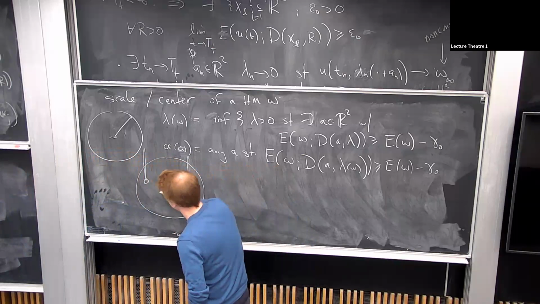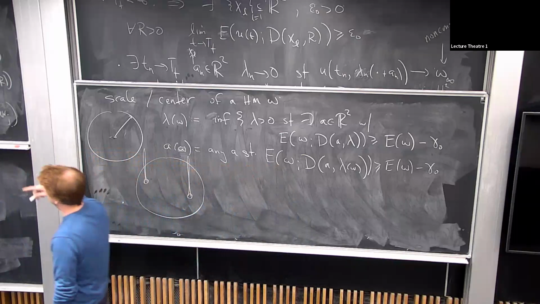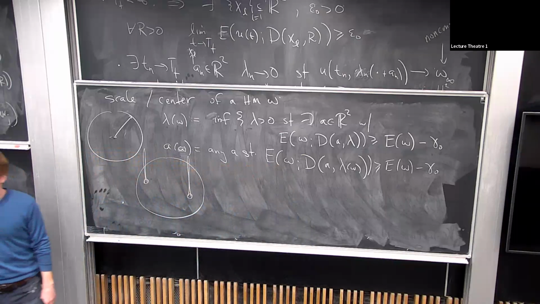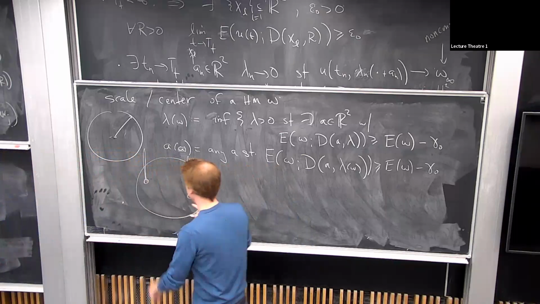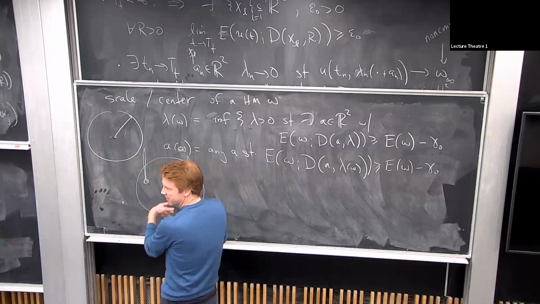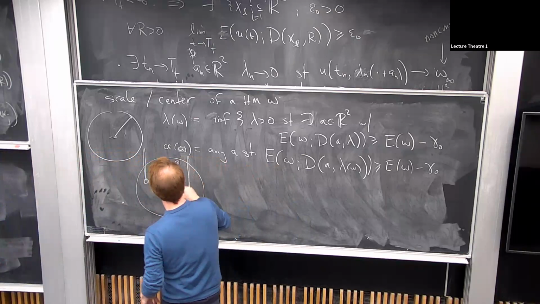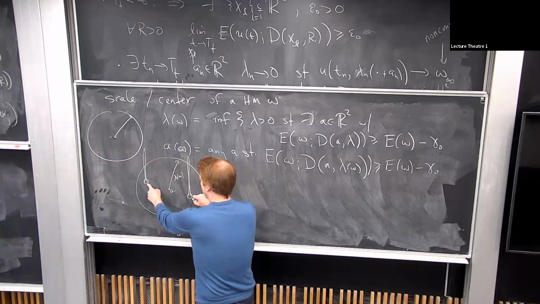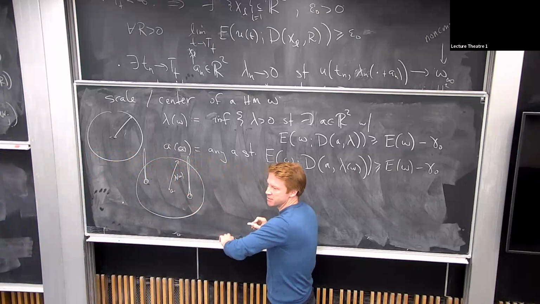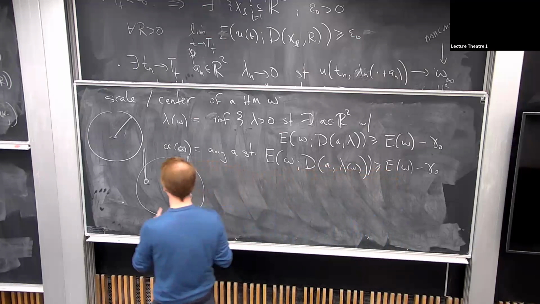And I need a disk that captures almost all of the energy, and the energy is quantized, right? So the energy of each bubble is at least 4 pi. So each of these disks has 4 pi worth of energy in it. I can't take a smaller disk to capture the scale. So the scale of this harmonic map is like this, and the center should be right here. So this notion of scale misses the interior bubbling life of harmonic maps. And this is important going forward.